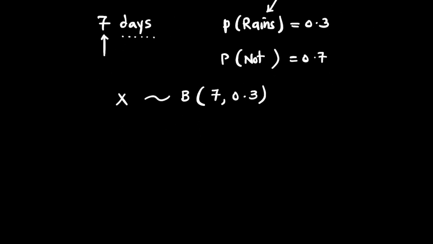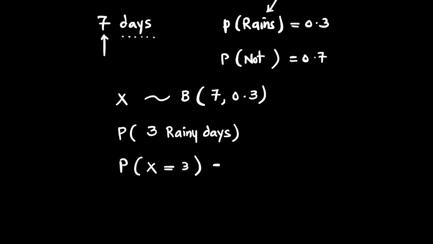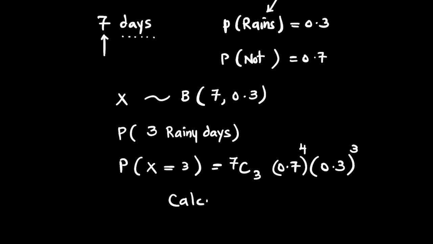For example, if I'm interested in calculating the probability for 3 rainy days out of 7, that is probability X is equal to 3. So therefore this is 7C3, times probability of success raised to power of 3, probability of failure raised to power of 4, and then using a calculator we will get the answer.